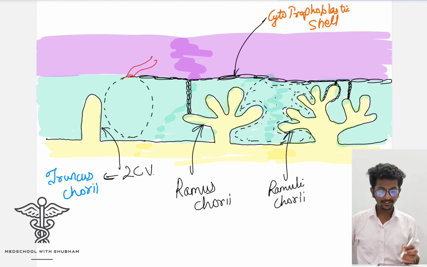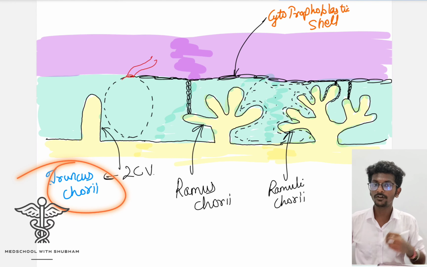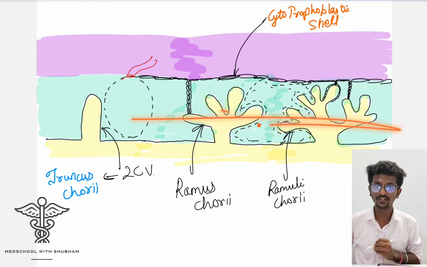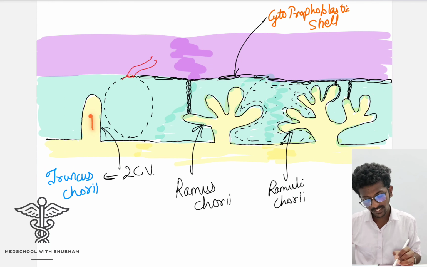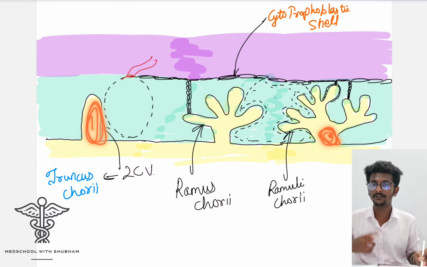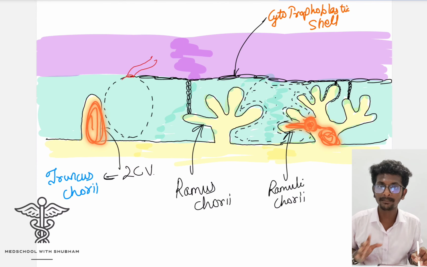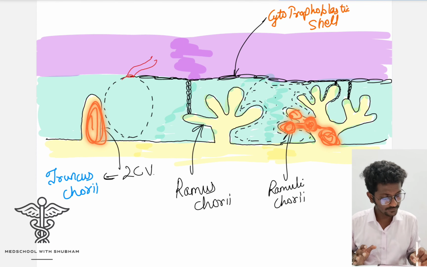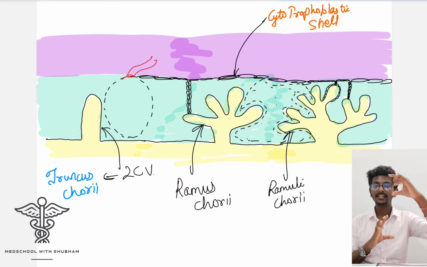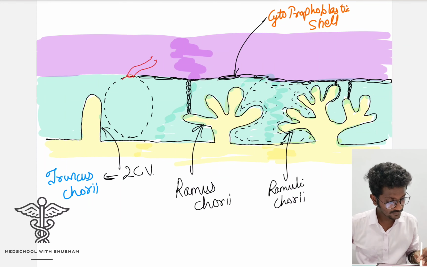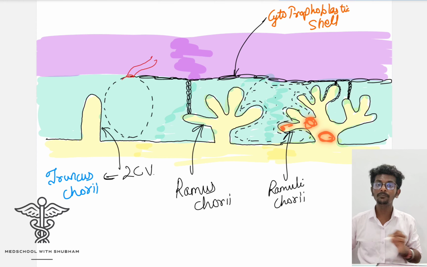So what happened? First we got the truncus cori or the secondary cori. Everything is secondary chorionic villi, but this is the main branch, therefore truncus cori. This is one branch, the ramus cori, and this is the sub branch of that trunk. Truncus cori, ramus cori, and the ramuli cori.